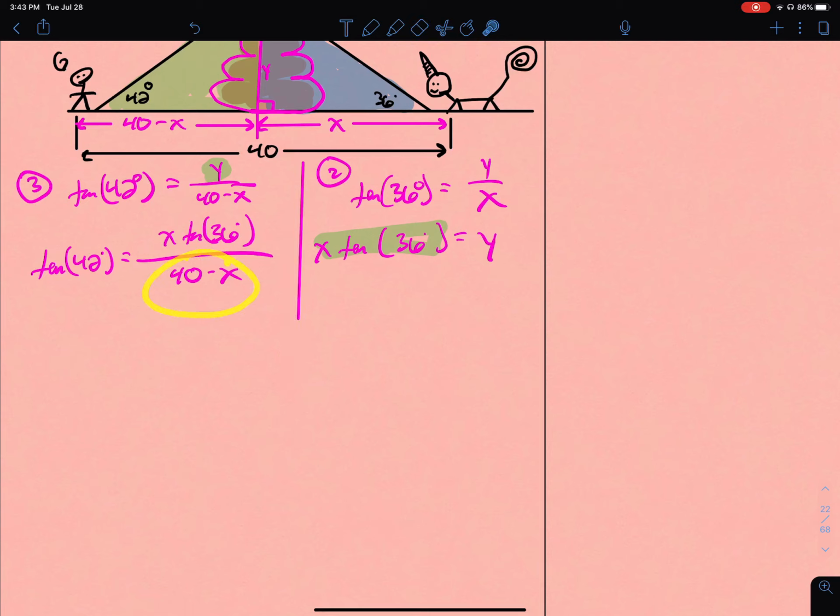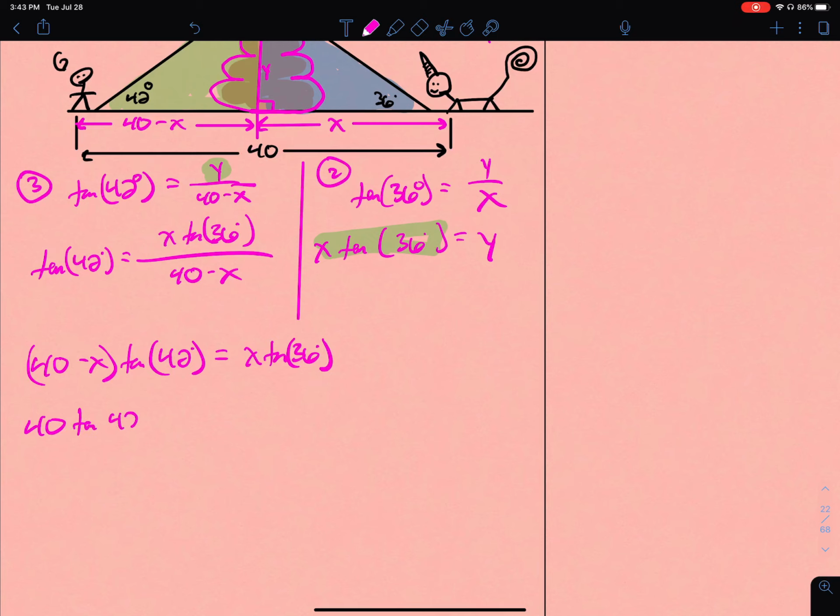We're going to multiply both sides by the denominator. It's more than one term, so I have to put it in parentheses. Then I need to distribute the tangent of 42. So I'm going to get 40 tangent of 42 degrees minus x tangent of 42 degrees equals x tangent of 36 degrees.